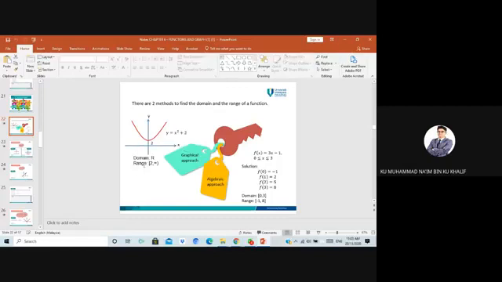Okay, and then for range, you have to try to visualize from what you have done with Dr. Adam. Kan you ada macam set function, domain and range. So now you try to convert it into a graphical representation. So you akan nampak, oh macam ni rupanya. Cumanya normally for range here, memang kita akan pakai range.